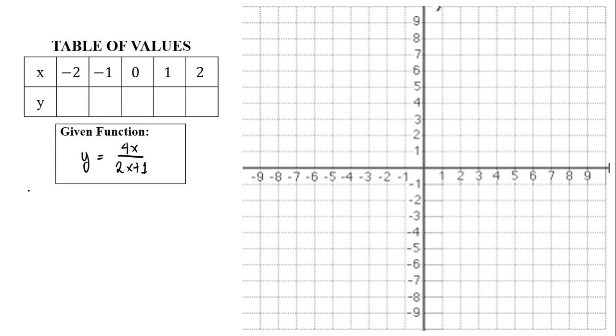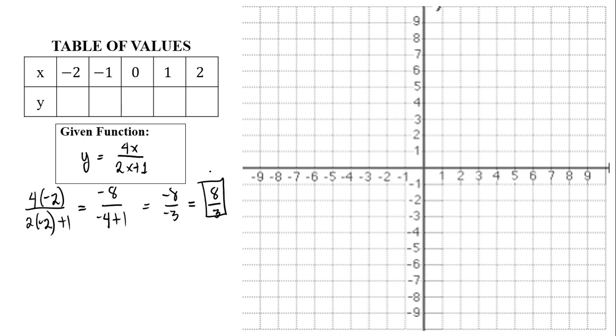So, if your x is negative 2, then that is 4 times negative 2 over 2 times negative 2 plus 1. So, 4 times negative 2, that is negative 8 over 2 times negative 2, that is negative 4 plus 1. So, negative 8 over negative 3.